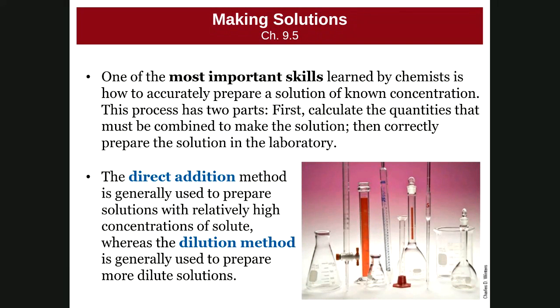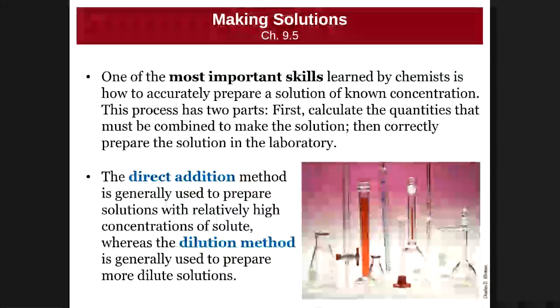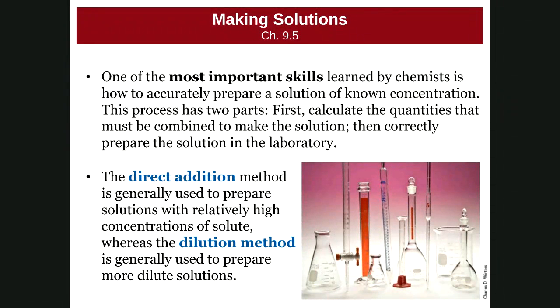Then you need to correctly prepare the solution in the lab. There are two methods for preparing solutions in the lab. There's direct addition when you want to prepare a solution with a relatively high concentration, and there's the dilution method when you want to prepare really low concentration solutions.